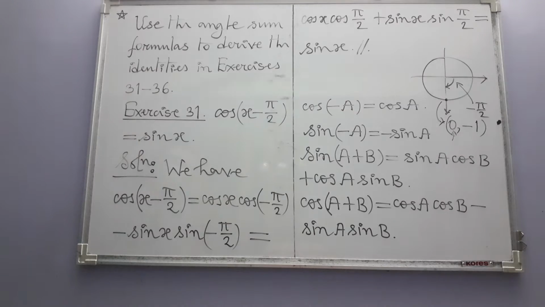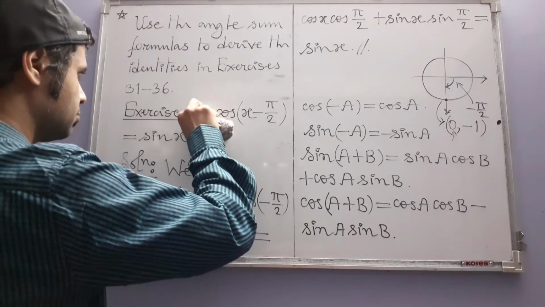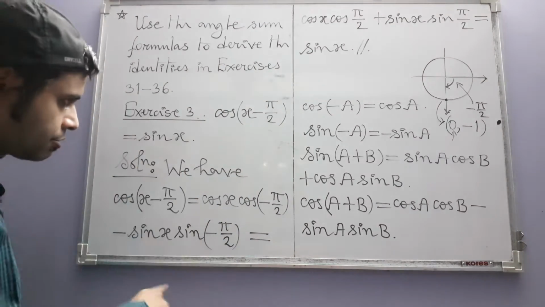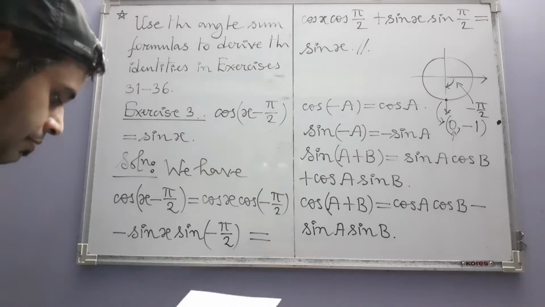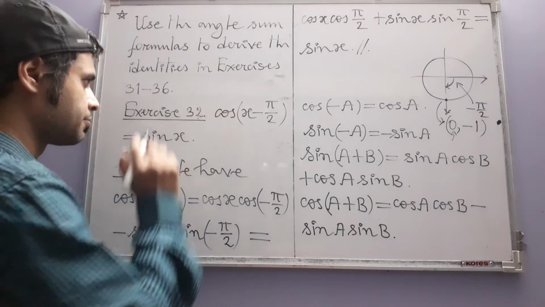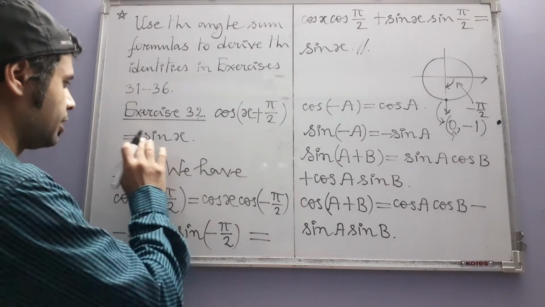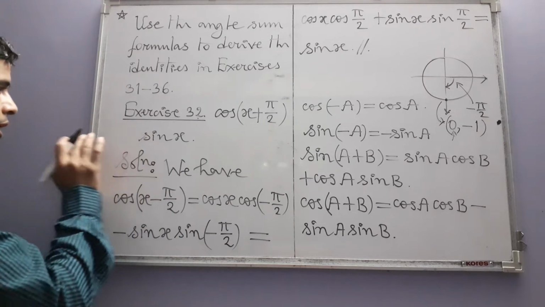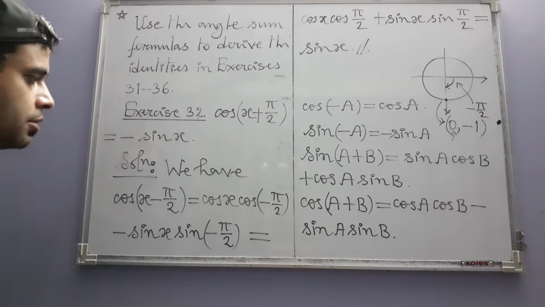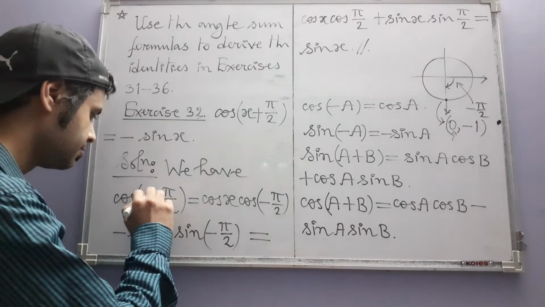Let's see the next one now, because the next few exercises will be somewhat the same. Let's just do it here itself. The next one is this, and here in place of sin x, now we have minus sin x. So if we accordingly modify this solution, what shall we get?